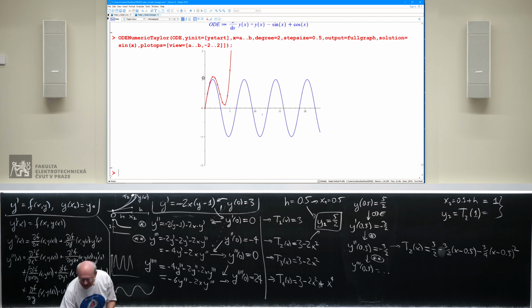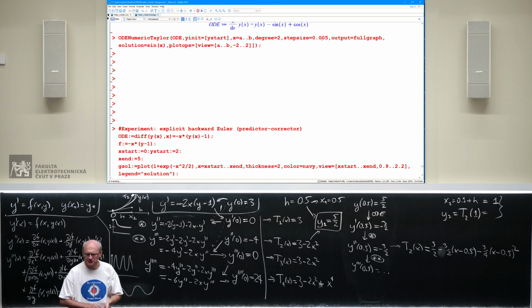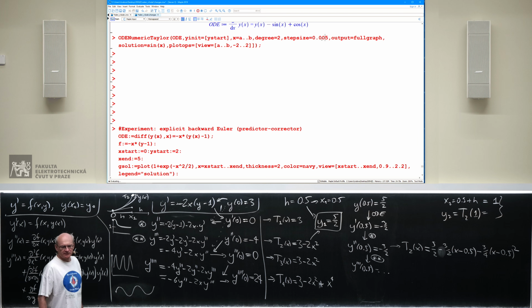We are not surprised. And going for smaller step sizes, let's go to 0.05. Let's skip the intermediate sizes. Yeah, it's bad. How about 0.005? Well, perhaps this is too much. Oh, I may have overdone it. Okay. Well, you can see here that the Taylor method really works hard for the results.